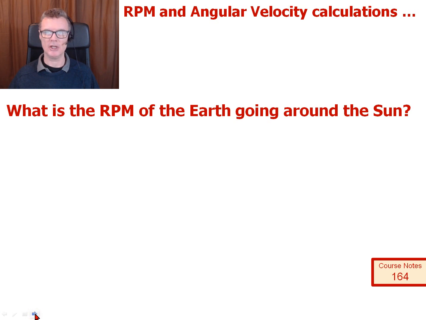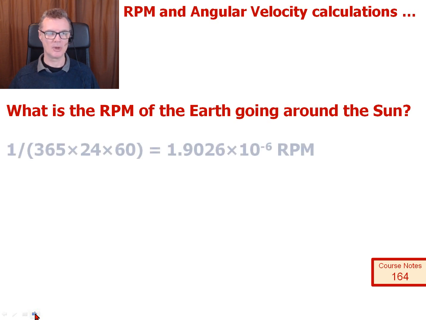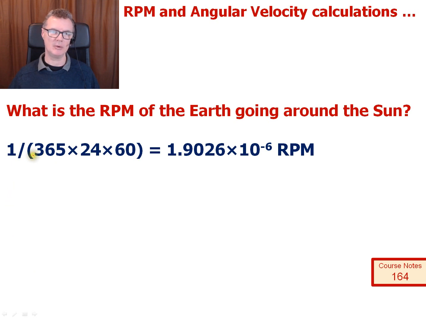Okay, I'll show you the answer if you have worked it out. So we're doing one revolution once every year, and every year will have 365 days in it. Each day will have 24 hours in it, and each hour will have 60 minutes in it.